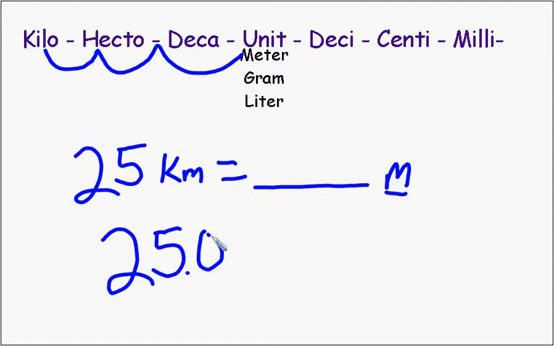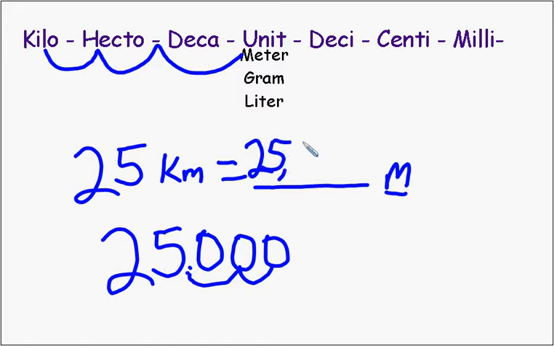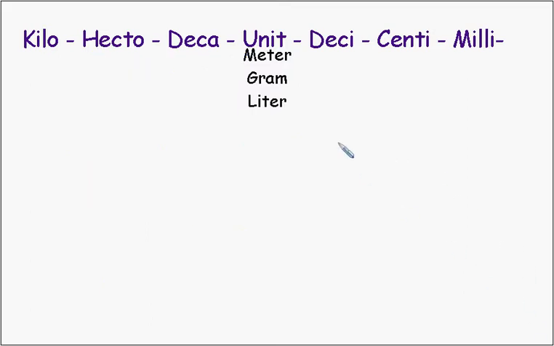I have to add a 0, 2, 3. So 25 kilometers is 25,000 meters. So if we move to the right, we're moving the decimal over to the right, increasing by powers of 10. And it works in the opposite direction too.